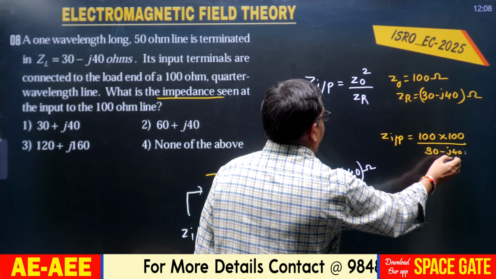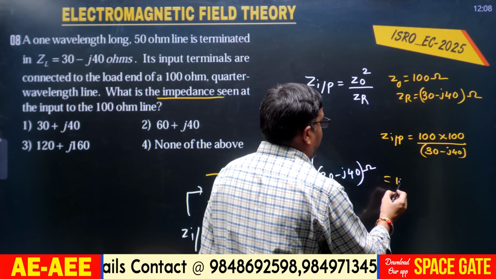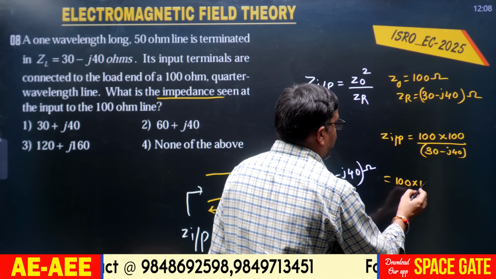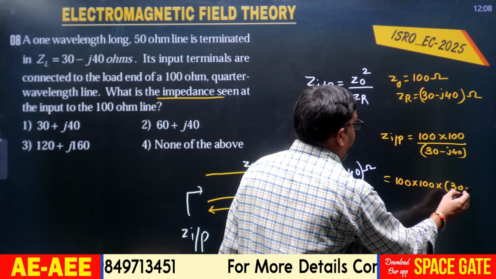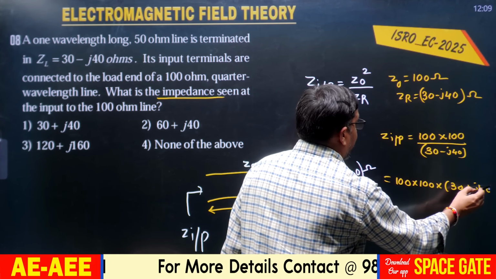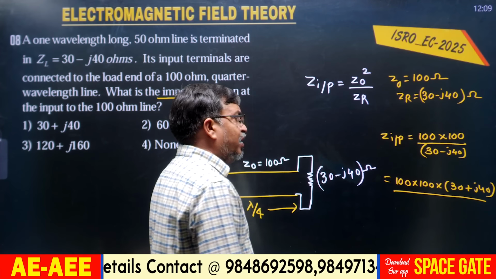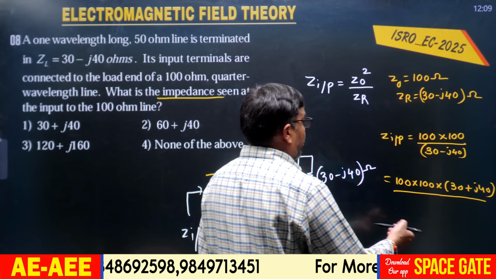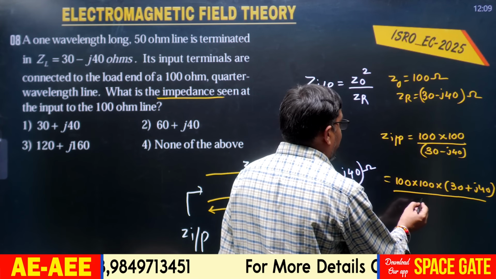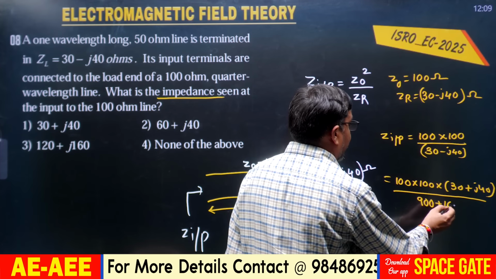Now I am rationalizing because the denominator is a complex number. 100 into 100 as it is, and rationalizing, that means 30 plus J40 in the numerator. In the denominator, 30 minus J40 into 30 plus J40; A plus JB into A minus JB becomes A square plus B square. 30 square means 900, 40 square means 1600.